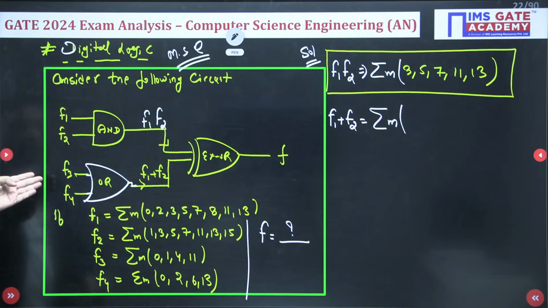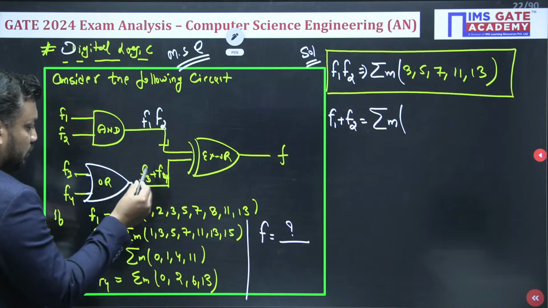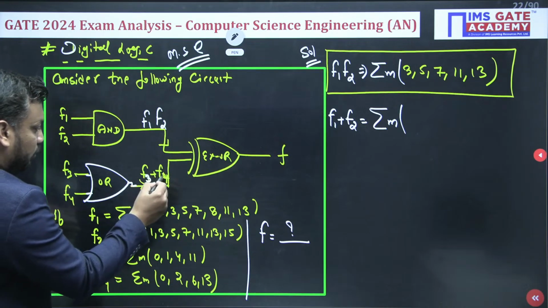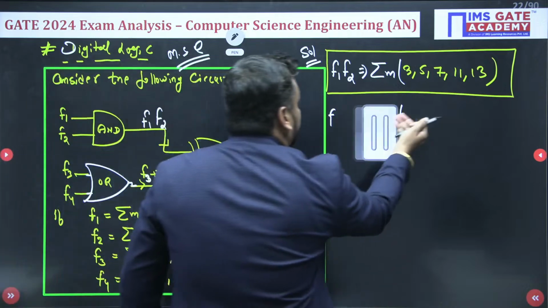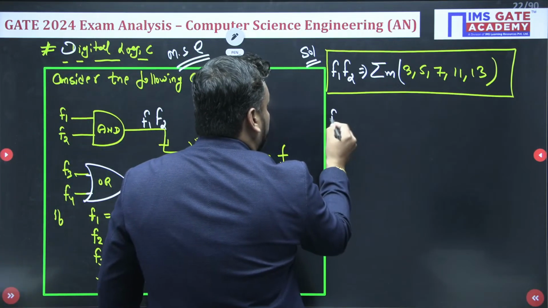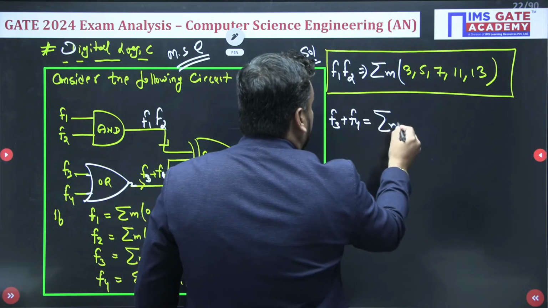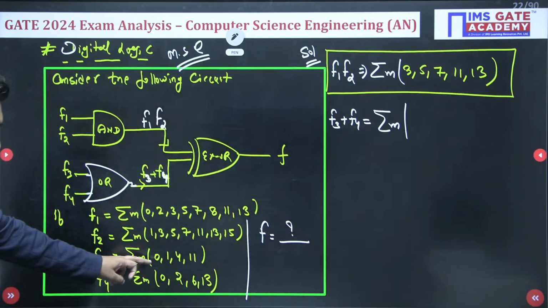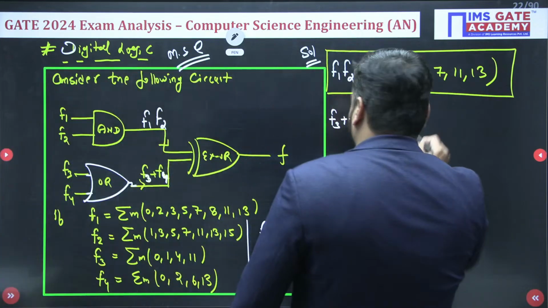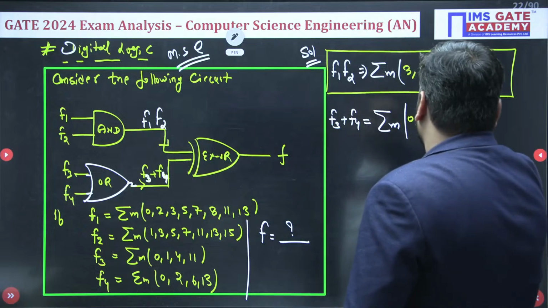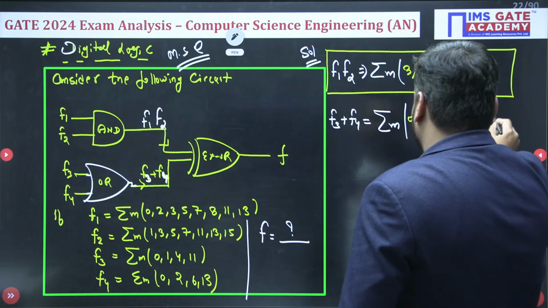Even here it is F3 plus F4, sorry. So in F3 plus F4, all the minterms will come. It means 0, 1, 2, 4, 6, 11 and 13 will come.